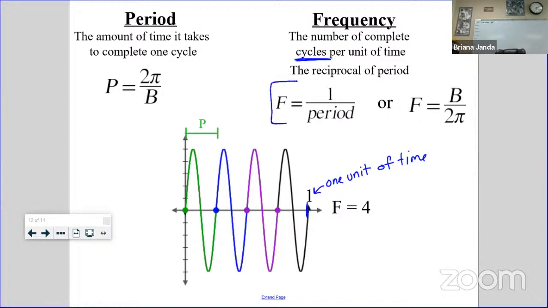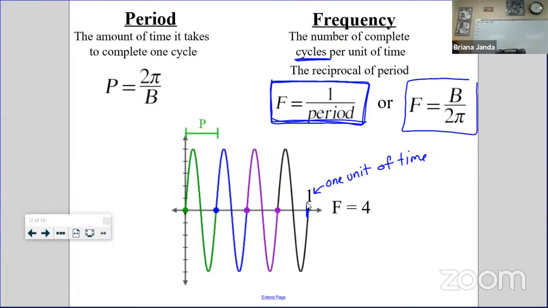And so what you'll find out is they are reciprocals of each other. Frequency is turning the period upside down, where period would normally be 2 pi divided by how many curves I got in there. They are reciprocals of each other. Now, it is true that F is B divided by 2 pi, but I would not bother getting to know that.